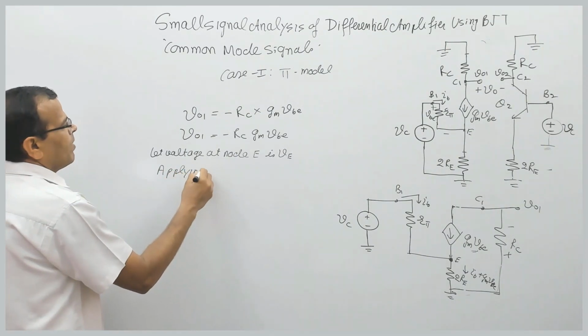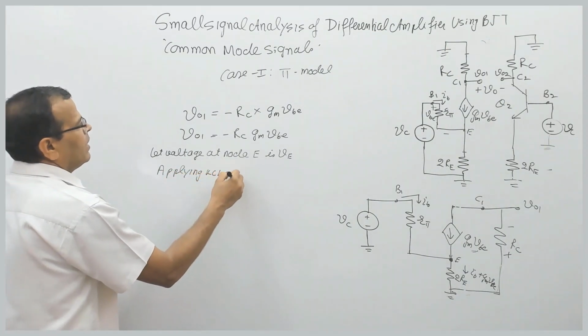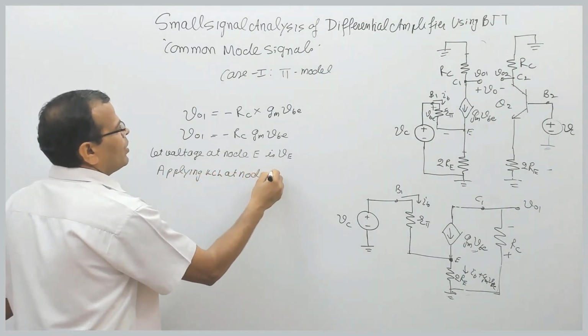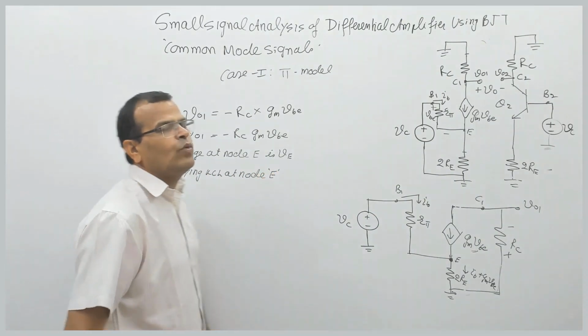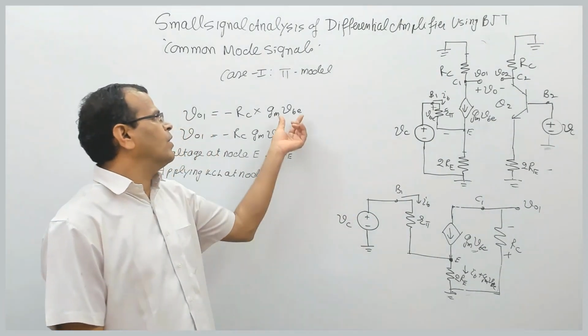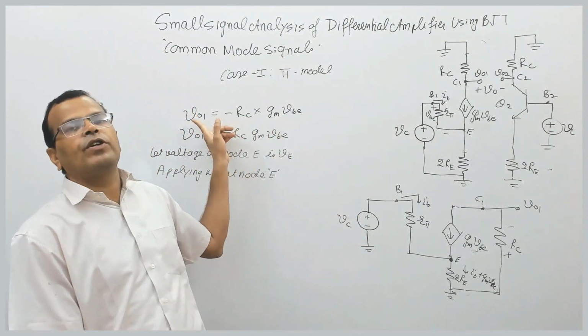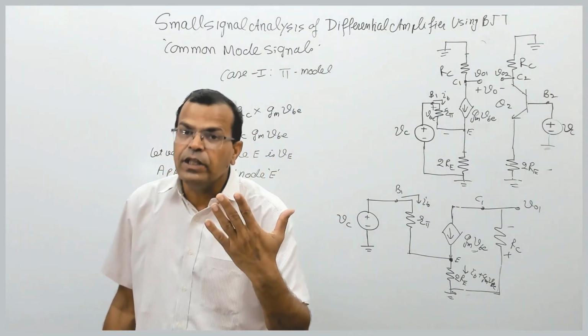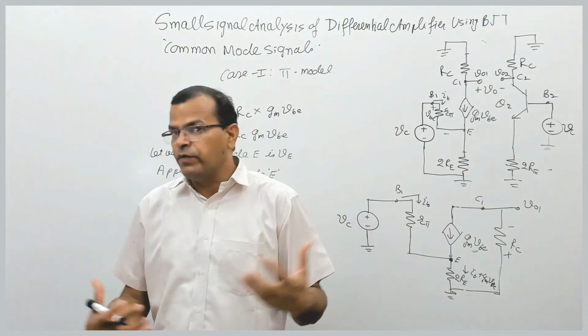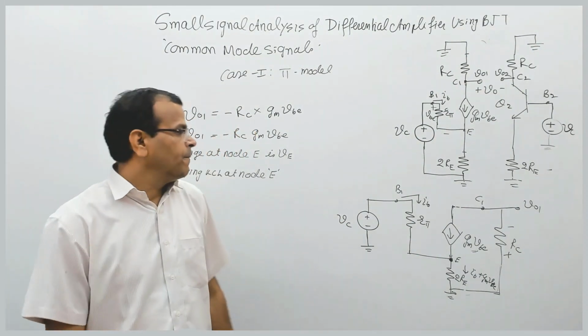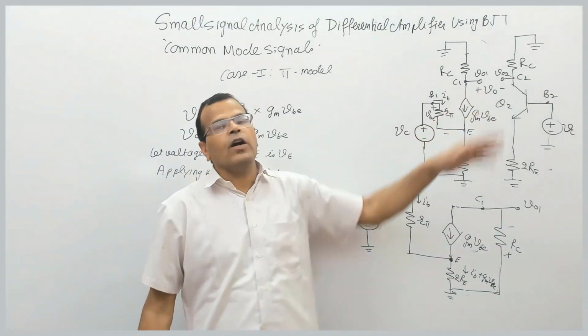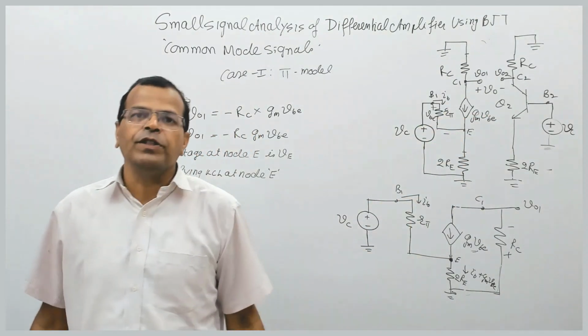Applying KCL at node E, what I am trying to do is find the voltage VBE in terms of VC so that I can find the ratio of voltage V0 to VC. That will be the common mode gain of the amplifier. Fine. Of course, for single-ended output, in terms of V01.